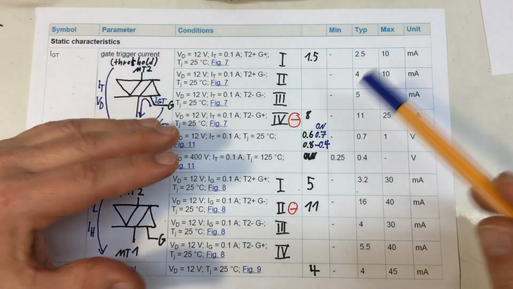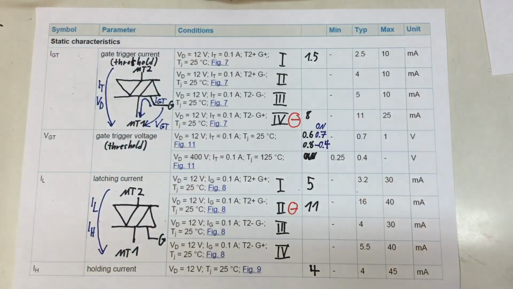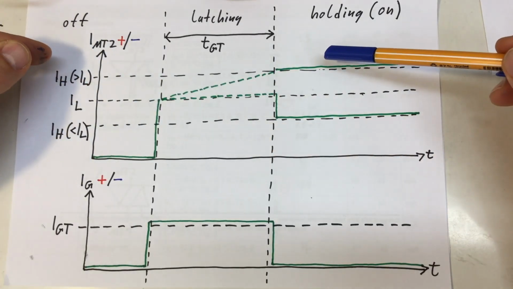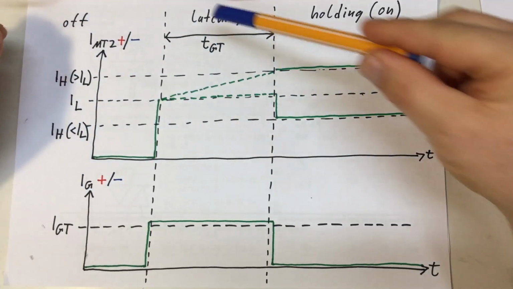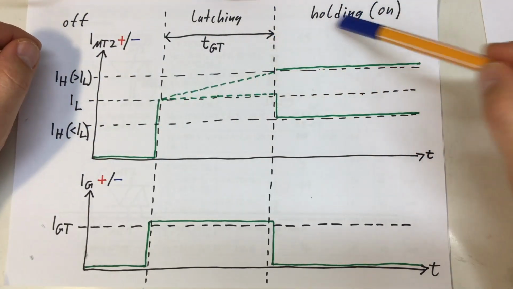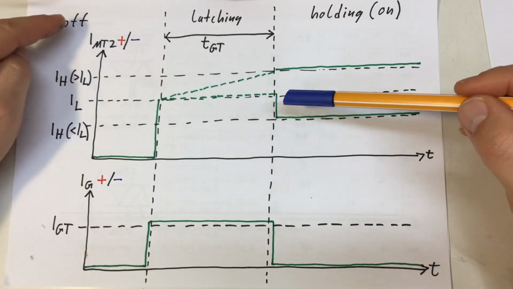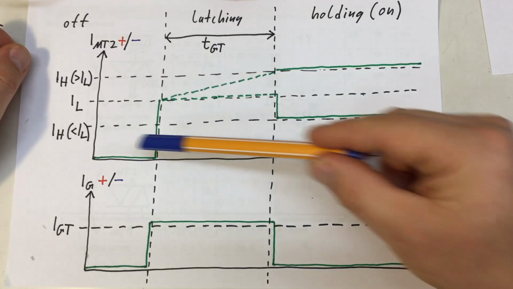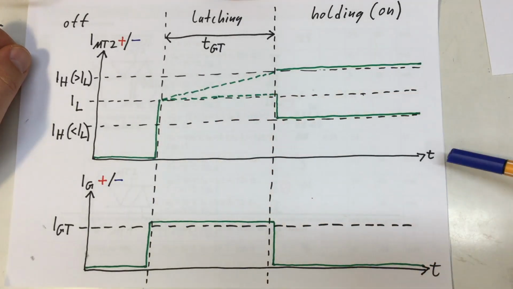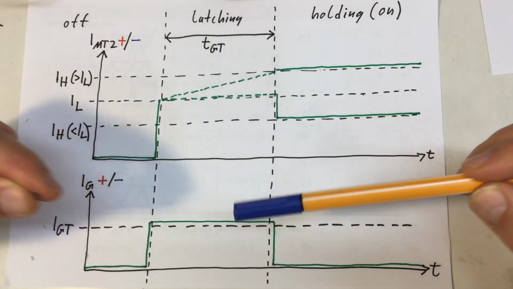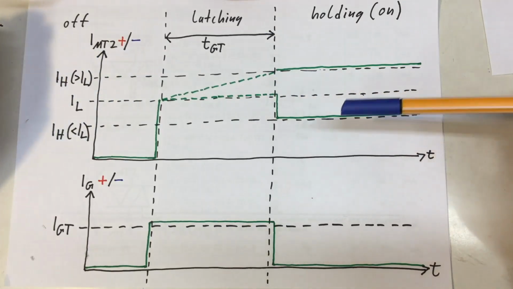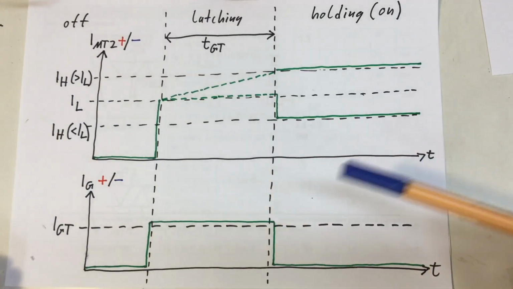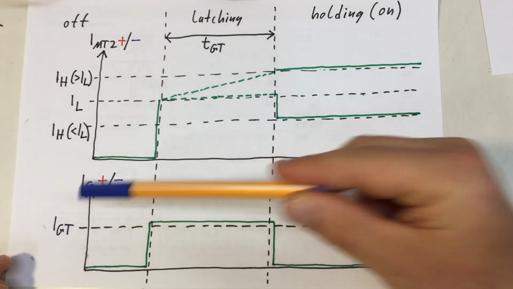Let me show you a little bit of a scribble there. So up to now we talked about static parameters for gating, latching and holding. That is, getting the whole thing from the off state into the on state. But that happens, of course, on a time scale, not instantaneously. If we just look at the lower curve here, that's our gate trigger current.